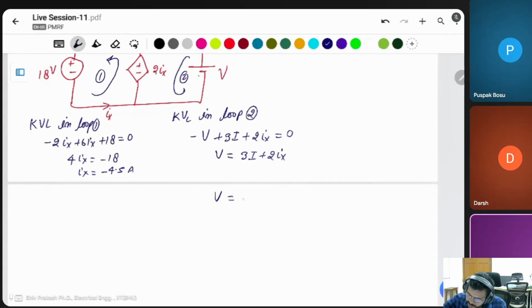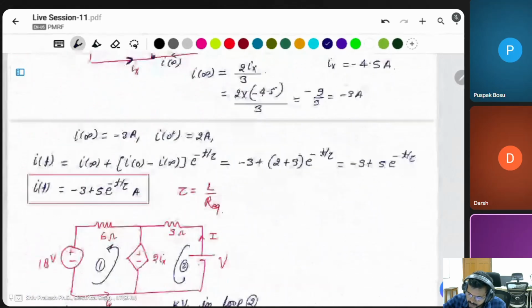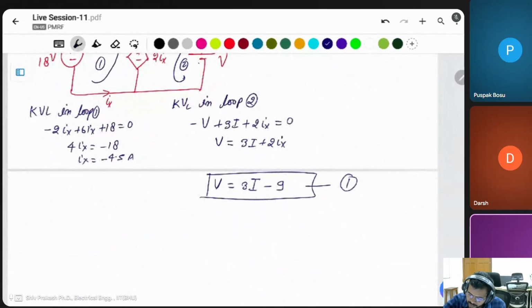V is equal to 3I plus 2Ix, it means minus 9, 1.5 into 2, minus 9. You can say this is equation number 1. Where this is denoted as the RTH and this is denoted as VTH. There is no need of VTH actually.